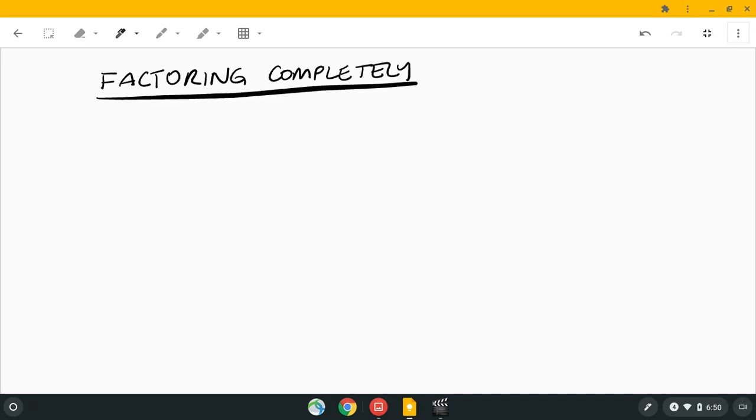So, factoring completely. Like I said, before you start, always check for common factors. So far, we haven't had many. Check for common factors.